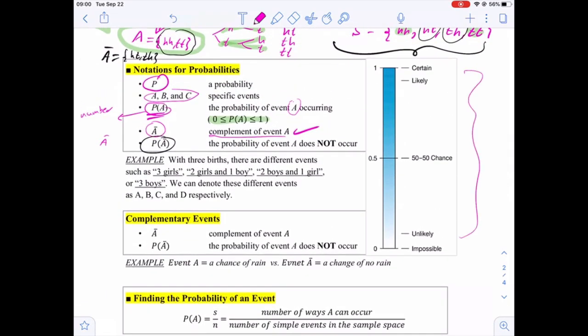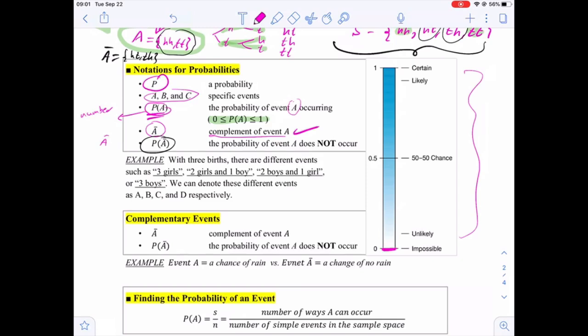Now here, if we look at this diagram, we have the probability that some event is impossible. For example, in rolling a die once, what is the probability of getting a number greater than 6, like 7? That's impossible because the numbers are from 1 to 6.